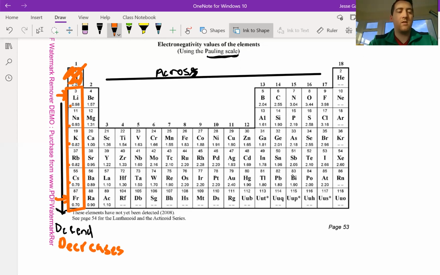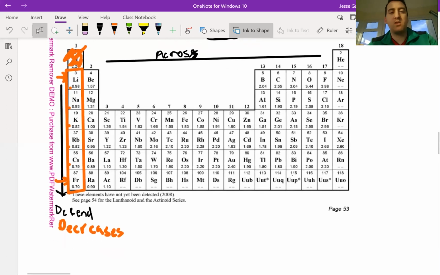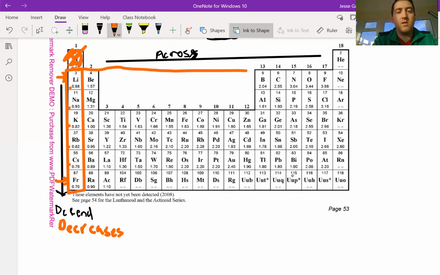So it decreases. If I was asked to describe what happens to electronegativities down a group, I would say as we move down the group, group 1 or group 2, you can choose a group to illustrate it, electronegativity values decrease. That would be stating or describing the trend. Let's look at the trend across the table, across a period. I'm going to choose period 2.